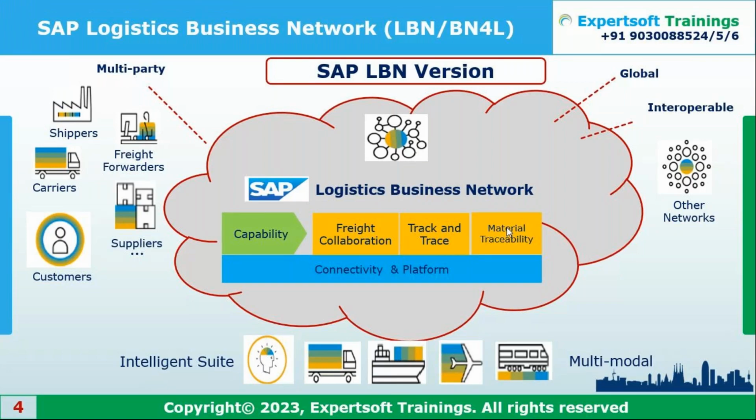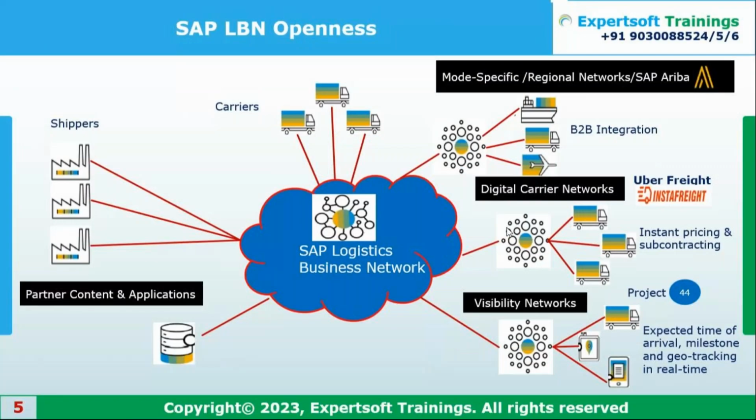It supports all the modules such as road, rail, ocean, as well as air. And this is also the pictorial diagram when it comes to the openness of LBN. The shipper who is onboarded, and the carriers to the LBN network, we will send the invite to all the carriers.